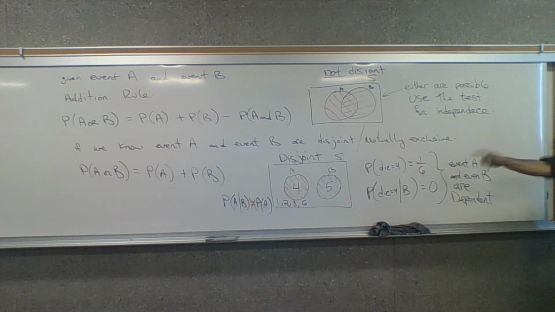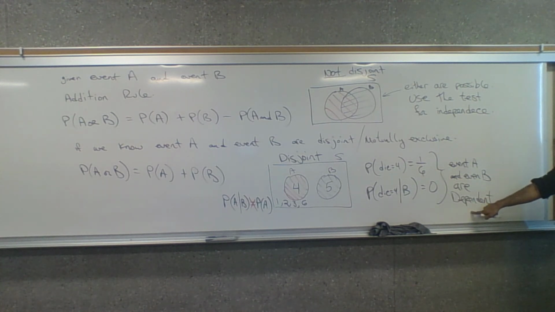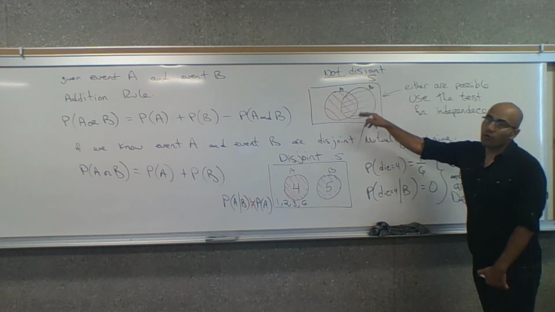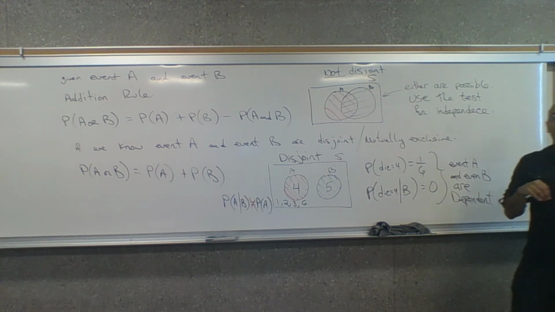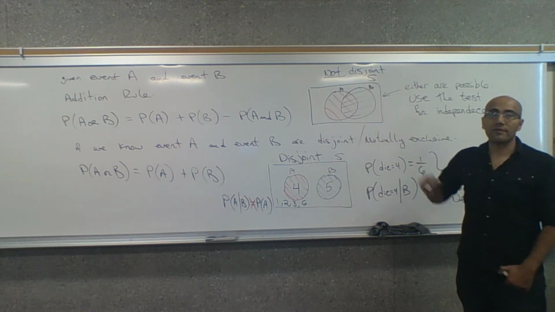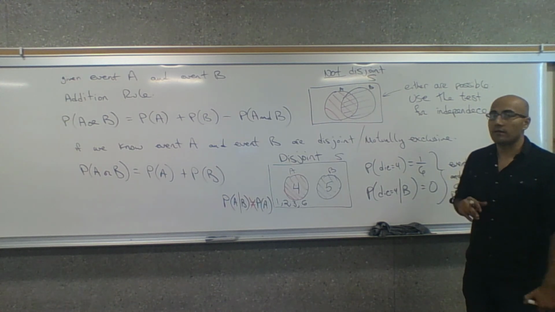Good? So disjoint automatically gives you dependent, but not disjoint, all bets are off. You're going to have to try it out, use your test to see what happens. It might be dependent, it might be independent.